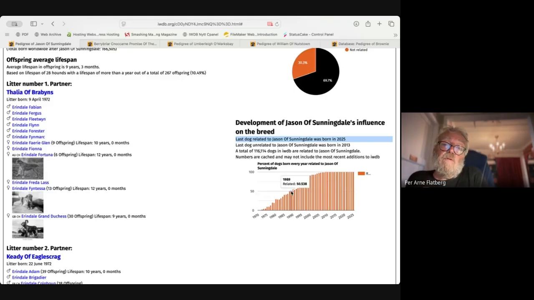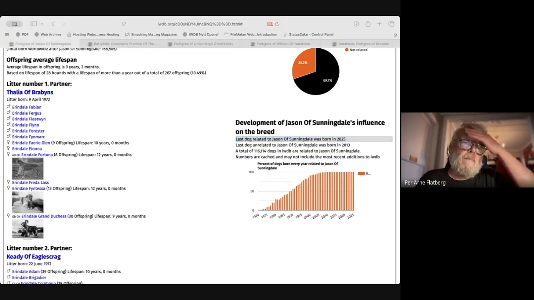And actually, the point of no return happened somewhere in the late 1980s, when more than half the population was related to him, less than 20 years after his first litter. So that's less than 5 generations to populate half the wolfhound population worldwide, which is astonishing.